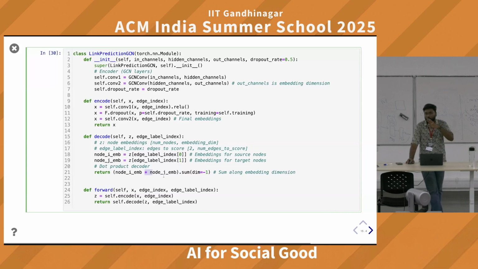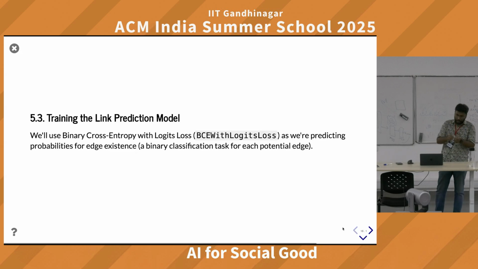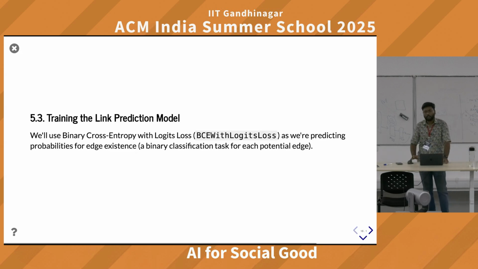I am doing just the dot product. You can also have some complicated version of those, where you concatenate the embeddings, then pass them through an MLP. I just took a very simple approach. Here we will be using binary cross entropy loss to predict whether there is an edge or not.